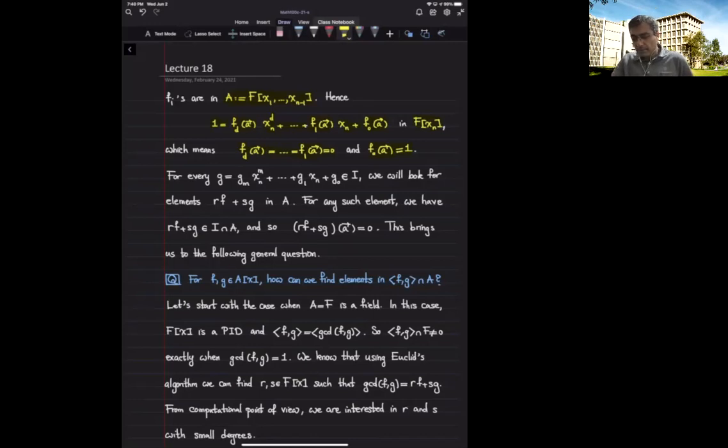Now, what we want to do is to get more equations with no variable x sub n.